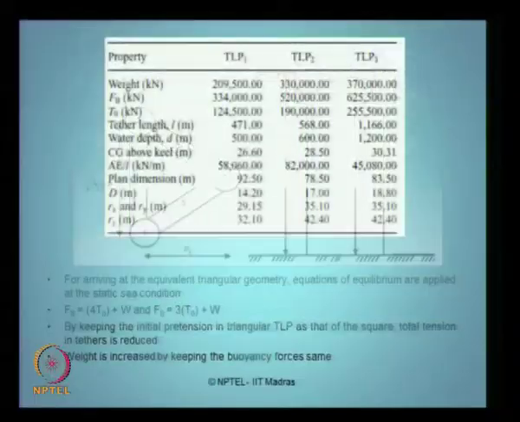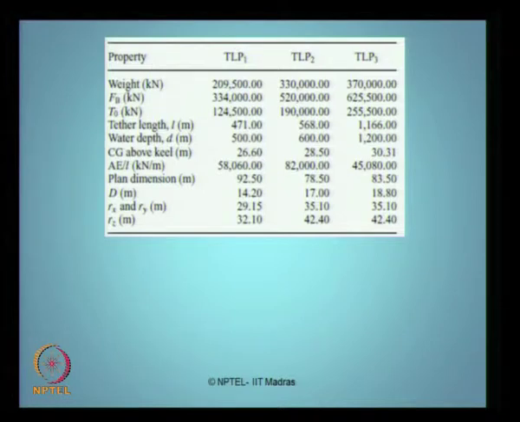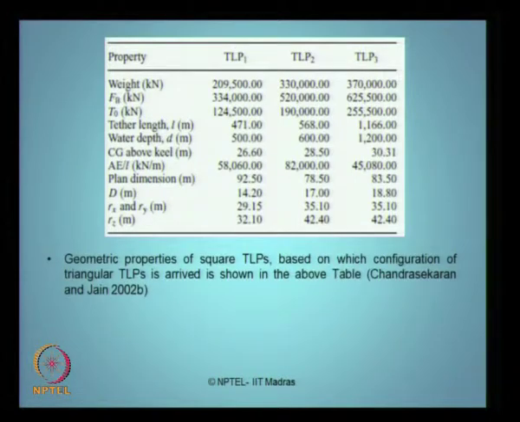If you see here, these are the properties of 1, 2 and 3, these are 3 different TLPs which are available in the literature, which are existing TLPs. Okay. The literature says these are existing TLPs of square in shape. So, equivalent TLPs of triangular shape have been arrived at for TLP 1, TLP 2, TLP 3 based on the basis we showed in the last slide.